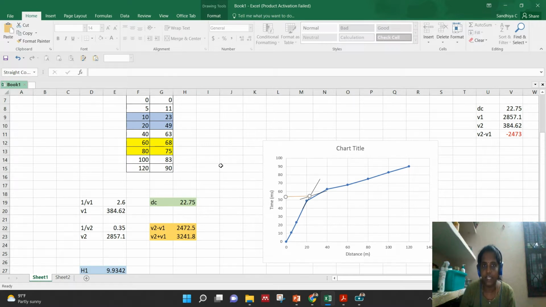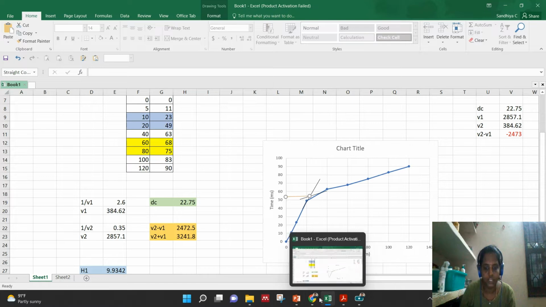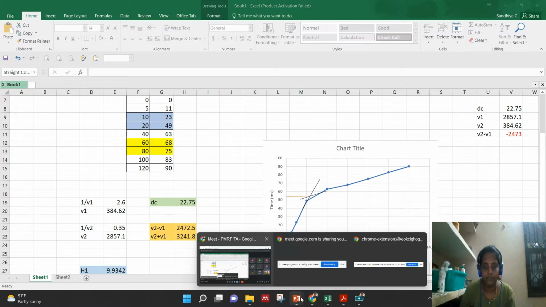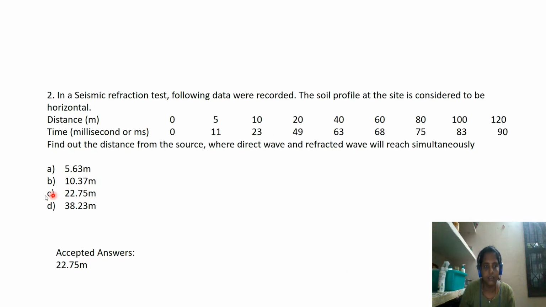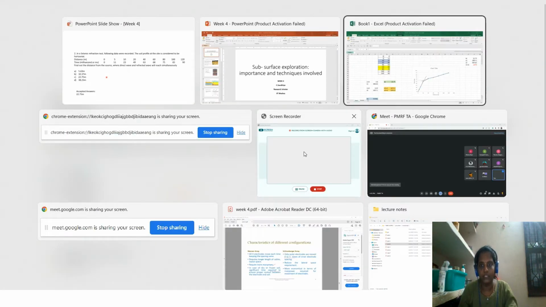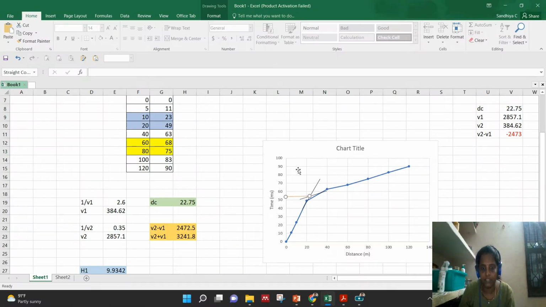They have not given the H value, the thickness of the stratum, but from the four options, you can see that the value C, 22.75, is what we need, a value between 20 and 40 meters. Just plot the graph and extend these two lines to see where they intersect. If they have not given options, we can directly take an approximate value.